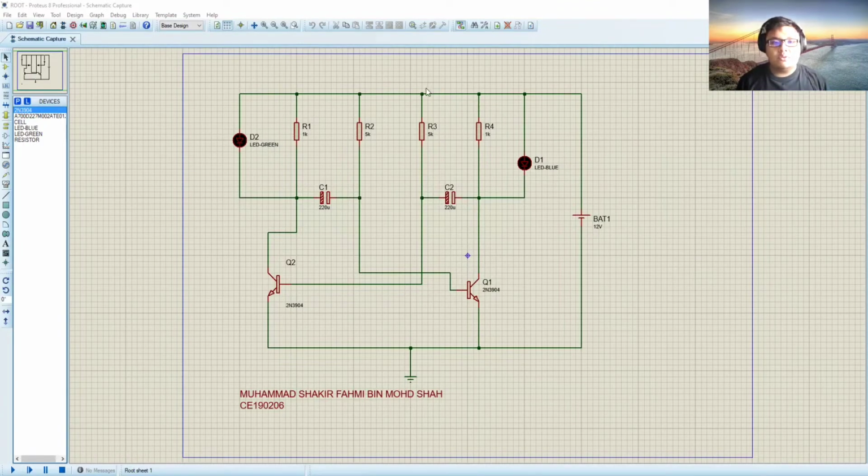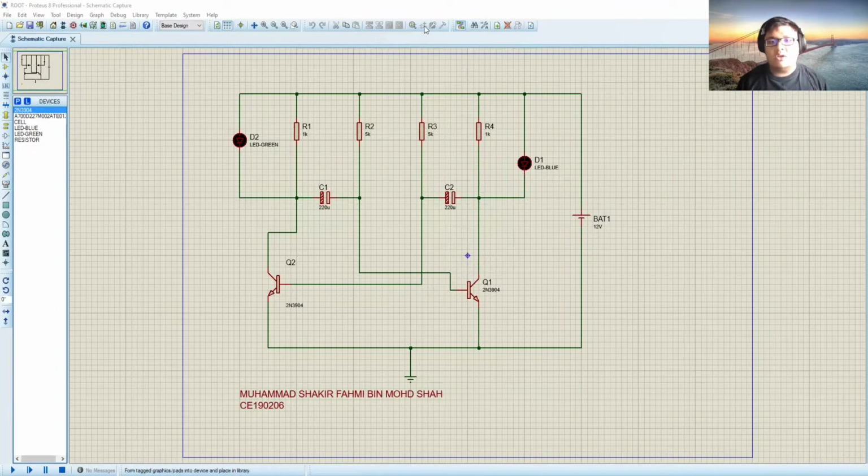I'm from Group 8, and we will be presenting our Laboratory 1, which is to design a circuit using Proteus software. Our task is to create a multi-vibrator circuit.